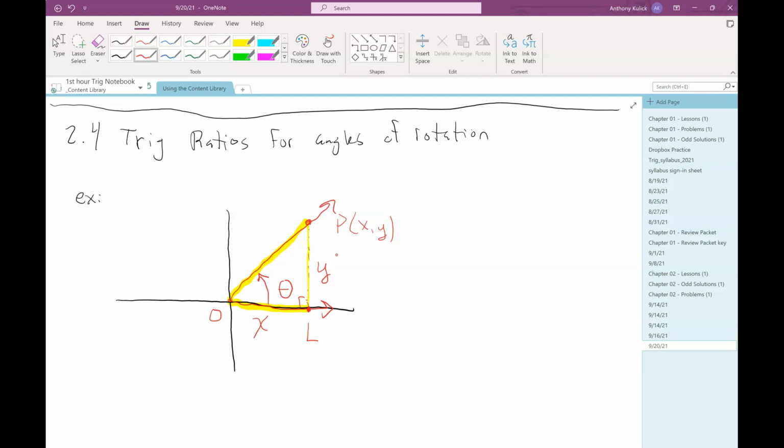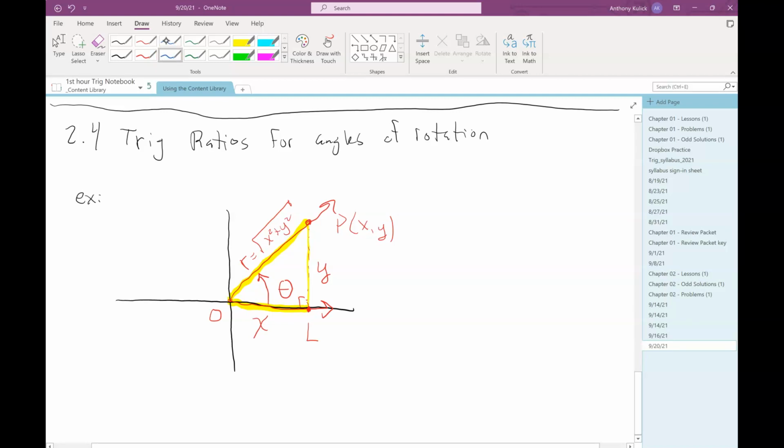Is everybody okay with that? We know the hypotenuse squared is equal to the sum of the legs squared. I'm going to just abbreviate that with the letter R. Okay.